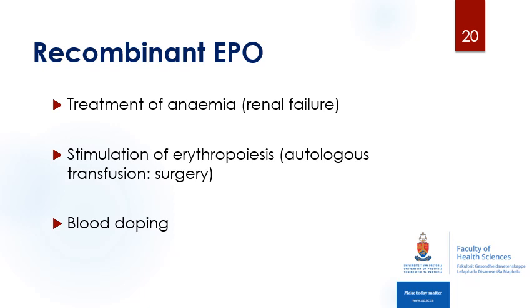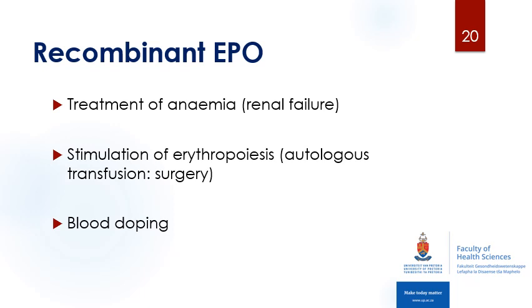It's also been used to stimulate erythropoiesis for an autologous transfusion. So an autologous transfusion is when you get a transfusion of your own blood. So how this works is before the scheduled surgery, you'll be treated with EPO, the recombinant EPO, and this will cause you to increase your red blood cell production. Your blood will then be collected, and then when it's time for your surgery, you will be transfused with your own blood.